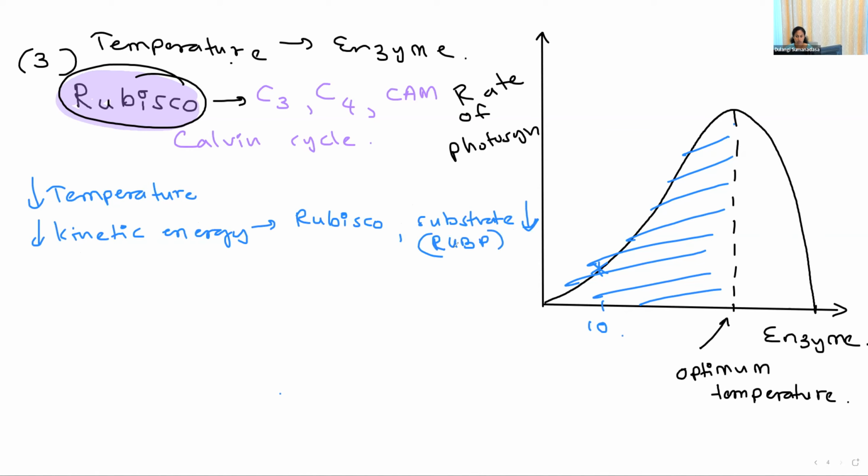Right, so the Rubisco and the substrates have less kinetic energy, so they are moving slowly. Because of less movement, the number of collisions between the Rubisco active site and the substrate is going to be less.